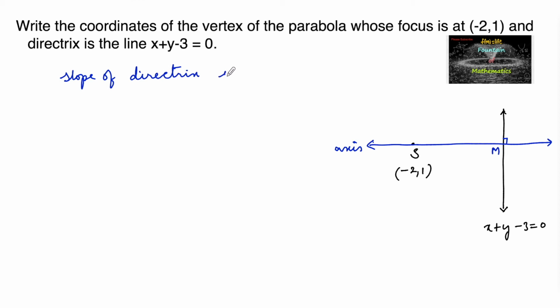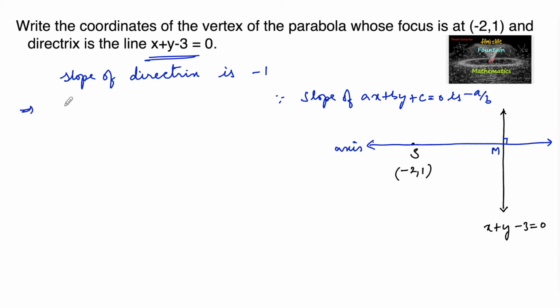Slope of the directrix is minus 1, since we know that the slope of the line ax plus by plus c equals 0 is minus a by b. So we can say the slope of the directrix x plus y minus 3 equals 0 is minus 1.